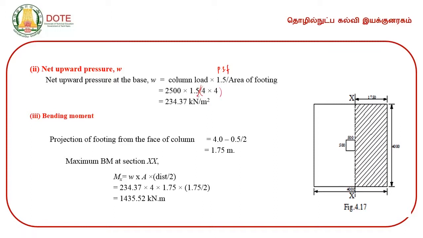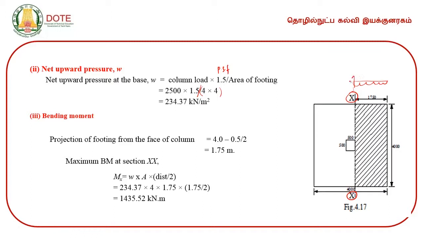This is the area of the footing. And for bending moment, we know that the critical section for the bending moment occurs at the face of the column. This is idealized, or could be drawn like this also.